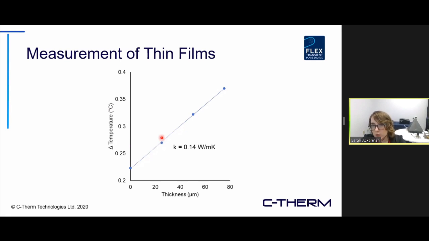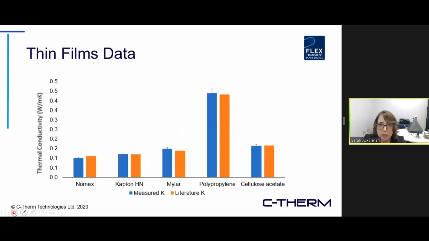And if you wanted to just have a higher level of certainty in the test data, you can add a couple of extra data points of additional layers, just to add more data points for that linear regression that we use to determine the thermal conductivity of the material.